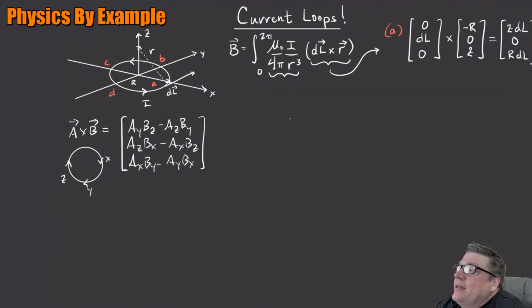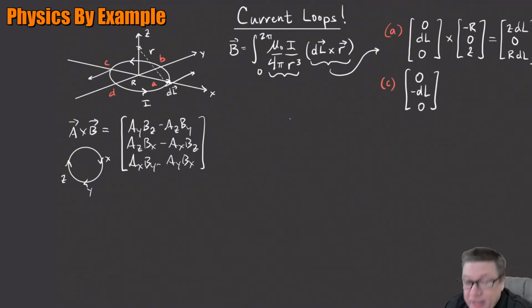Okay. So just to illustrate what's going to happen, let's take the mirror image of that thing. Let's look at what happens here at C, because that's my dl over there at C. That's the direction of it. So just for kicks, let's look at what I get at C, because now dl just flips sign, right? It's going the opposite direction.